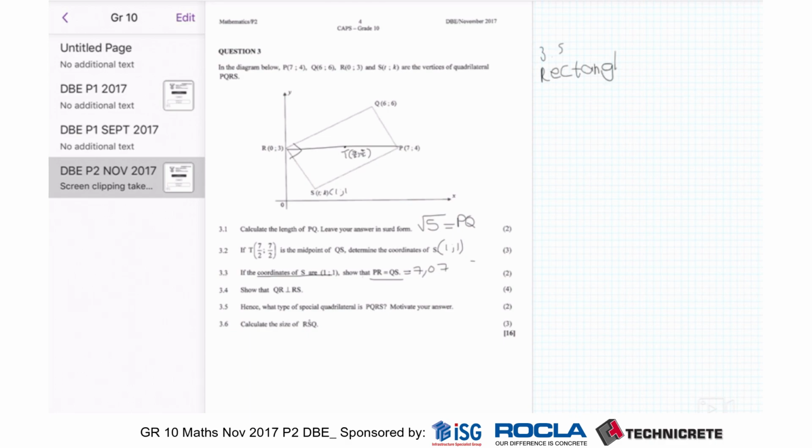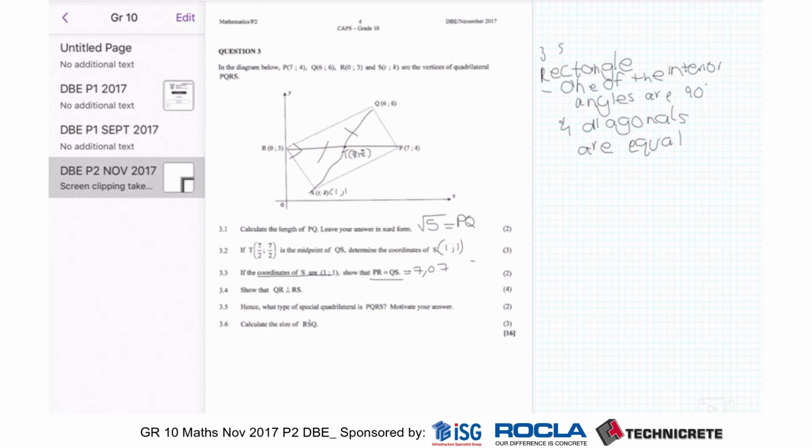So rectangle, and your reason is because firstly we can say that one of the interior angles is 90 degrees, and we proved that PR and QS are equal in length, so the diagonals are equal.